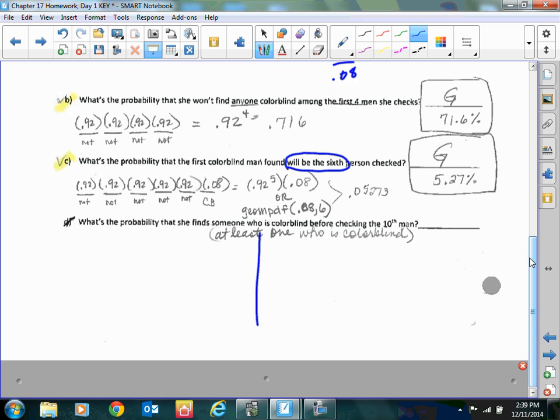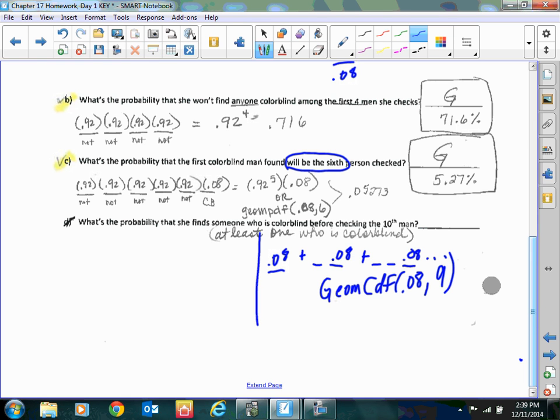So within the first 9, she's going to find someone. She could find it on the first one, or on the second one, or on the third one, and so on. So geometric CDF, finding one somewhere within the first 9. Okay, that is one way that you can think of this problem.